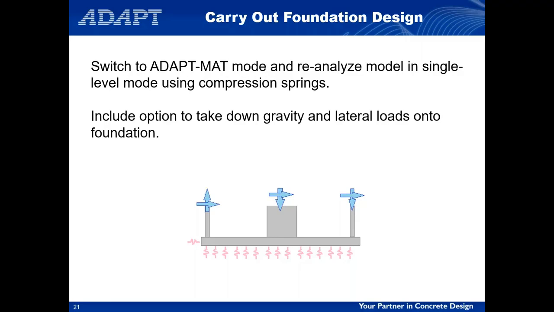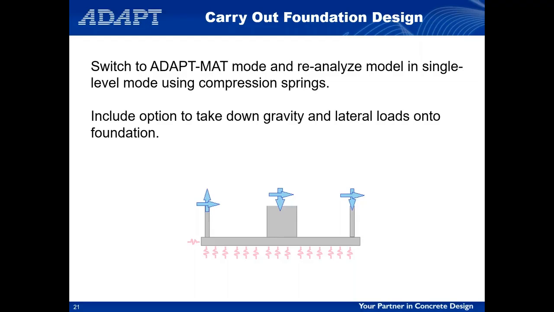So we're going to switch the program to mat mode, and we want to reanalyze this in single level mode. By default, it's going to force you to run this analysis mode using compression springs again, because it says you're in mat mode. Then the idea of replacing it with fixed supports doesn't make sense.